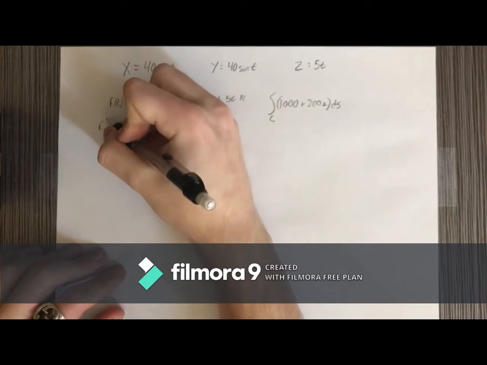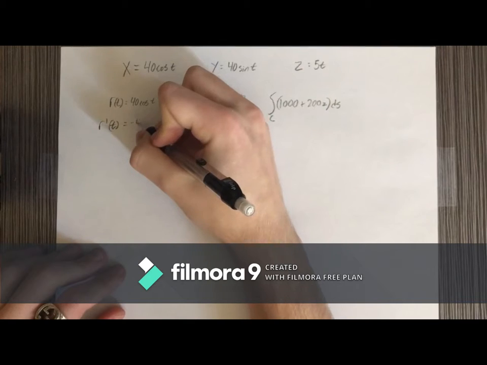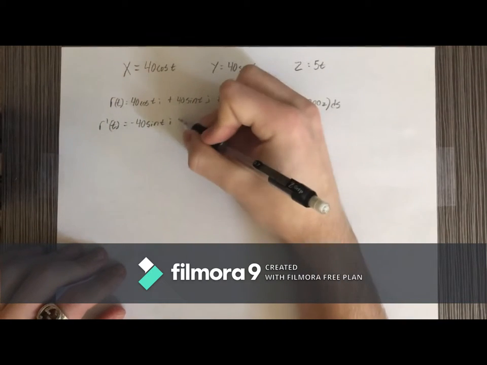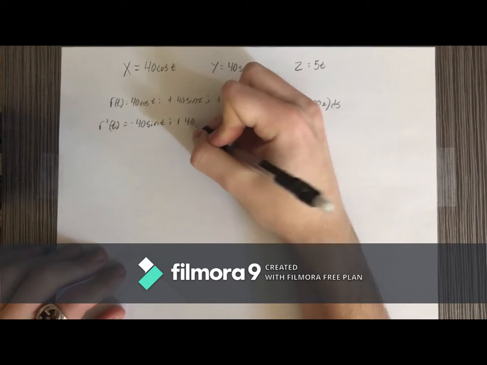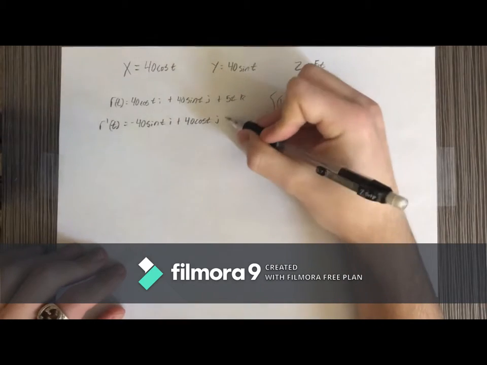Then we must find r prime of t, the derivative of r of t, which shows the rates of change of each component. r prime of t is equal to negative 40 sine of t i plus 40 cosine of t j plus 5k.